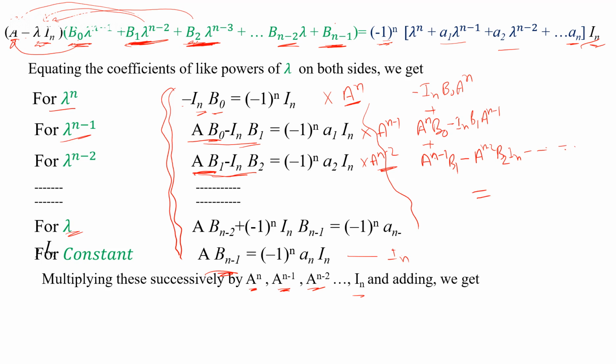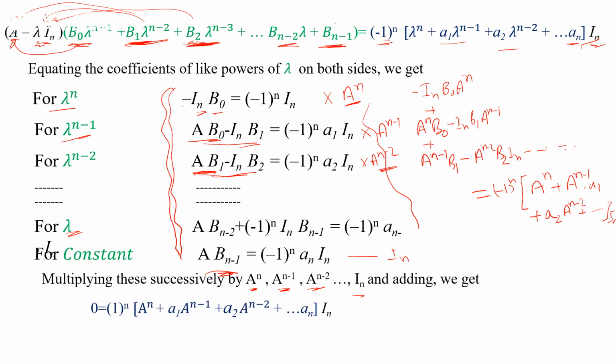And similarly on the right hand side, what we get is (-1)^n, and taking A as common, we write A^n plus A(n-1) into small a1 plus a2 small a2 A^(n-2) and so on, and I also take as common.